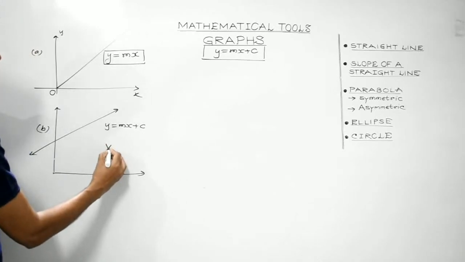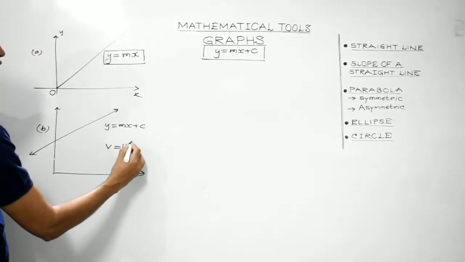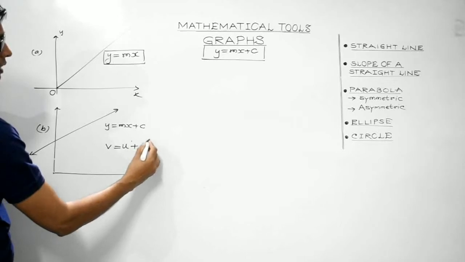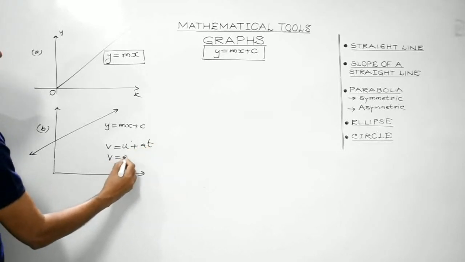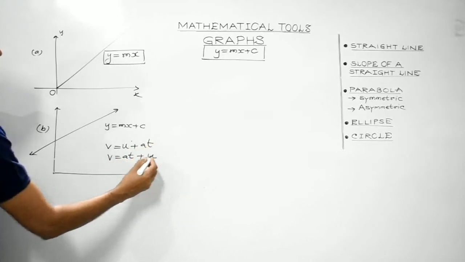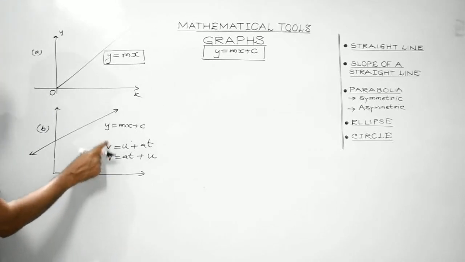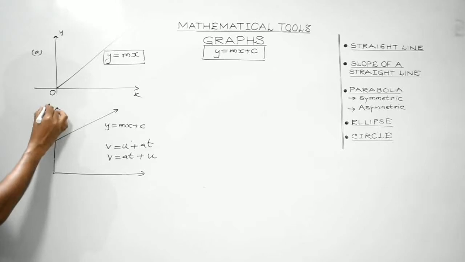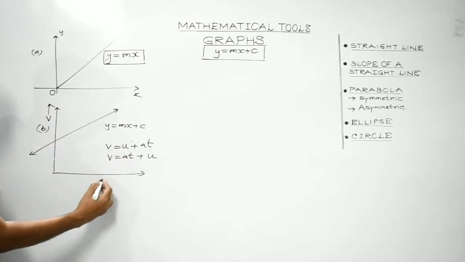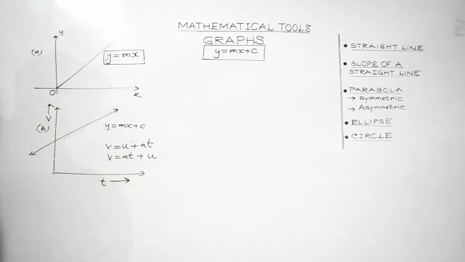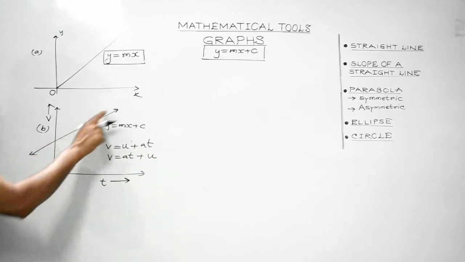Let's consider the first equation of motion. You are aware v equals to u plus at, or it may be written as v is equal to at plus u, right? So if you represent velocity along y-axis, time along x-axis, then the graph would be like this.